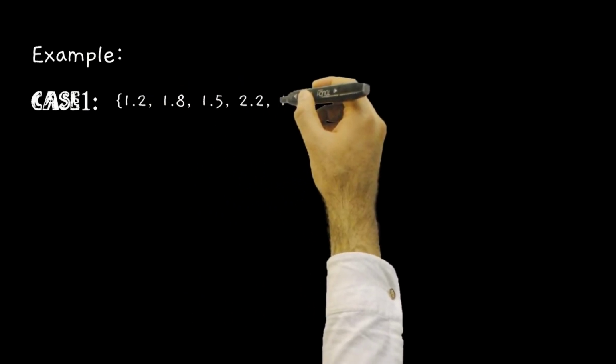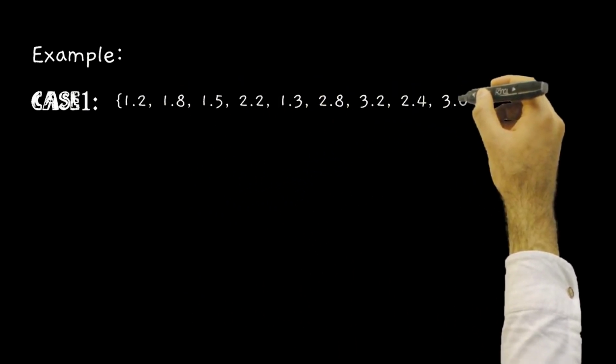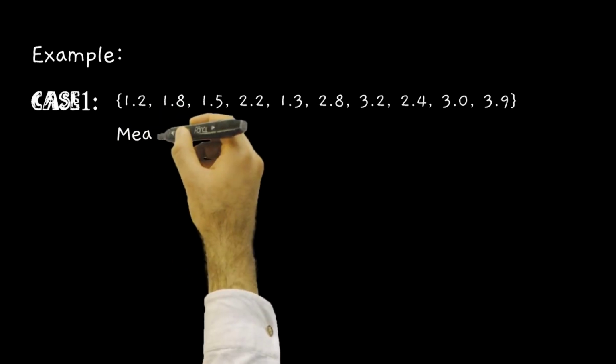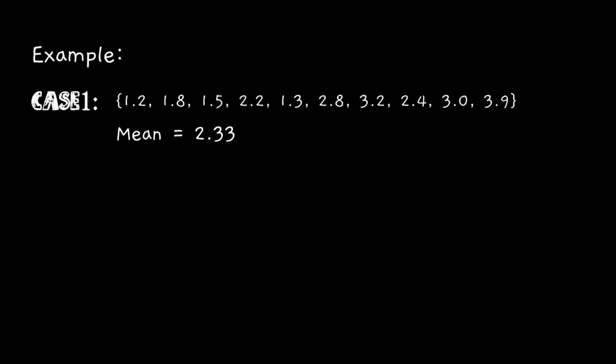Let's say I have observations like this: 1.2, 1.8, 1.5, 2.2, 1.3, 2.8, 3.2, 2.4, 3.0 and 3.9. If you take the sum of all these numbers and divide it by the total number of observations, you will get the mean, which is 2.33 in this case.